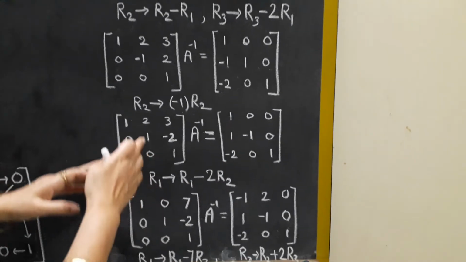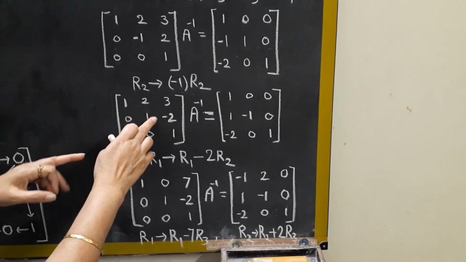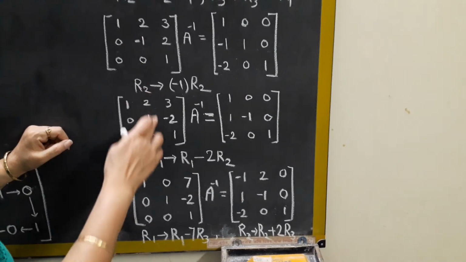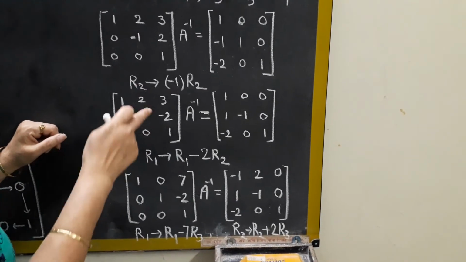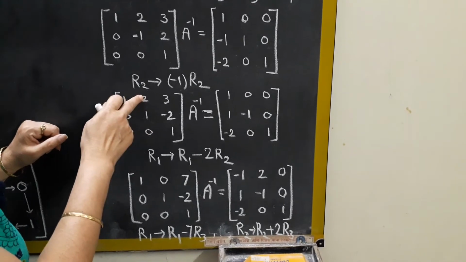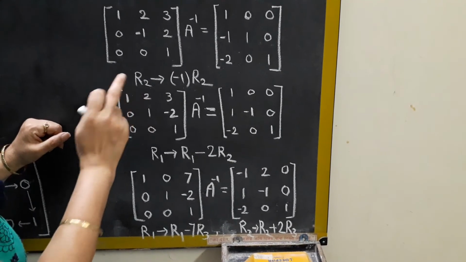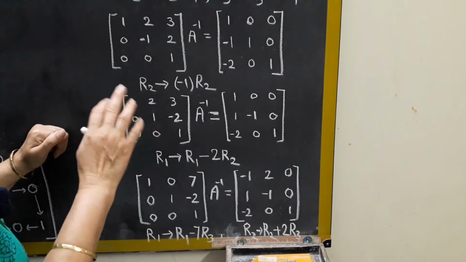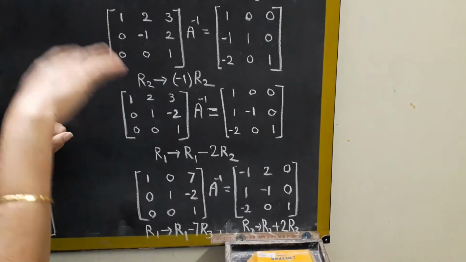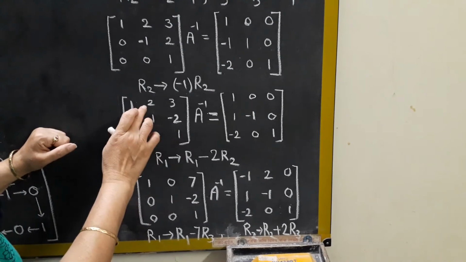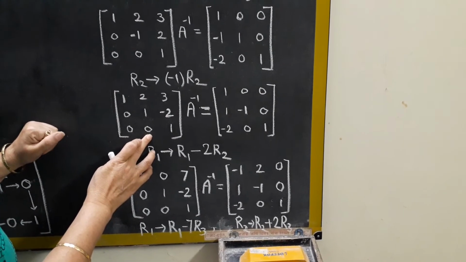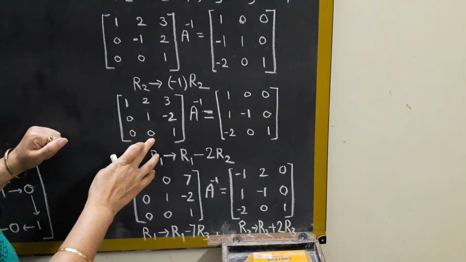Now next is that after bringing this one, now we will complete the second column. So when we are completing the second column, that means to bring the zeros in the respective positions, we are supposed to make use of R2 to get zeros. Now here you can see that the 0 is already there in R3, so no need of changing anything.